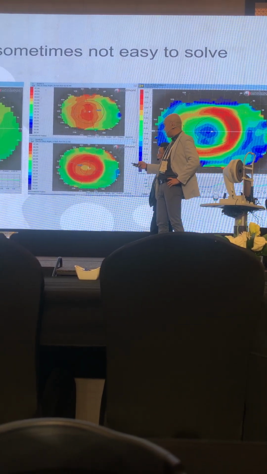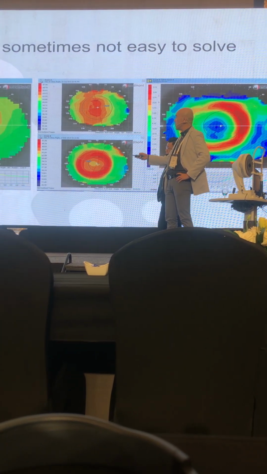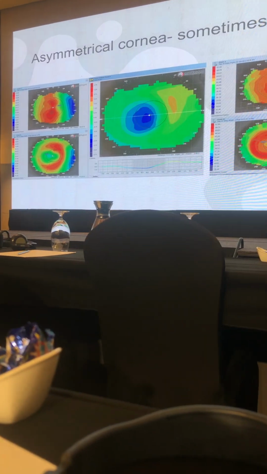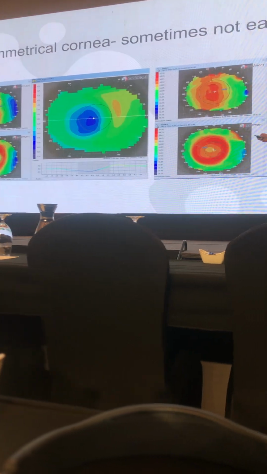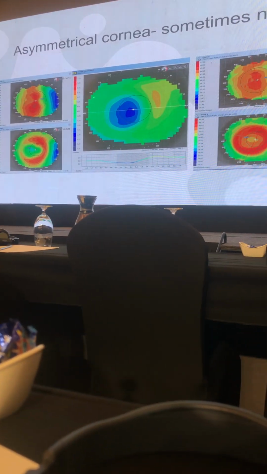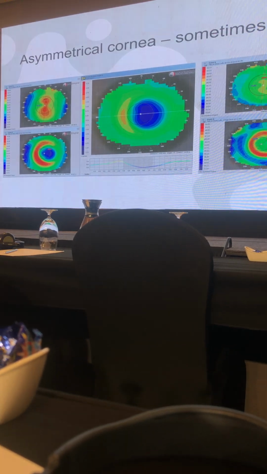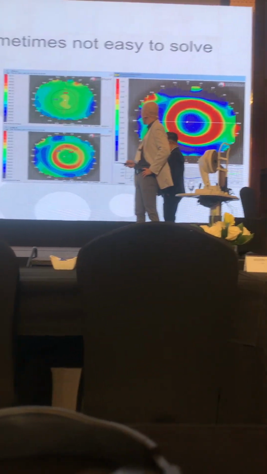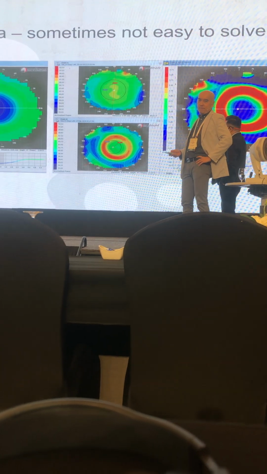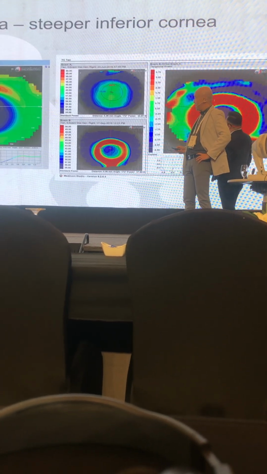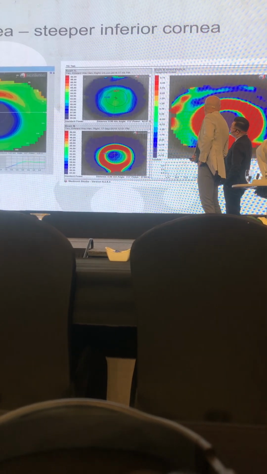Again, the asymmetric cornea, as I said, see? Cornea asymmetry, so the lens will always ride laterally. So another one, an asymmetric cornea. Sometimes not easy to solve. That is not that common.